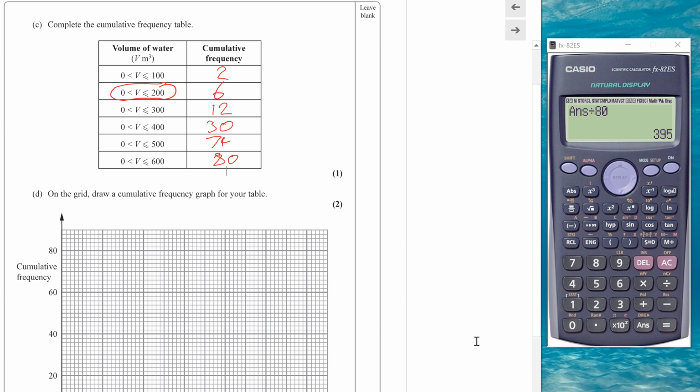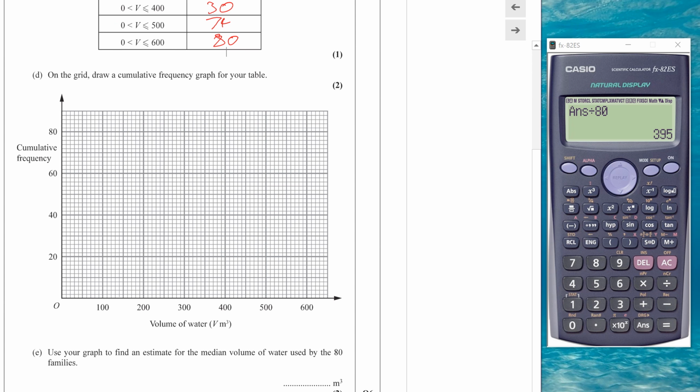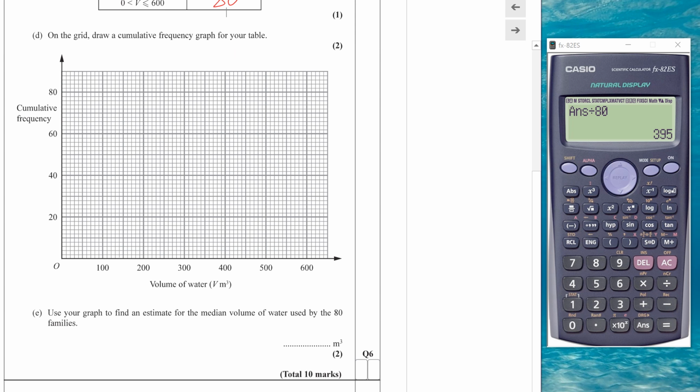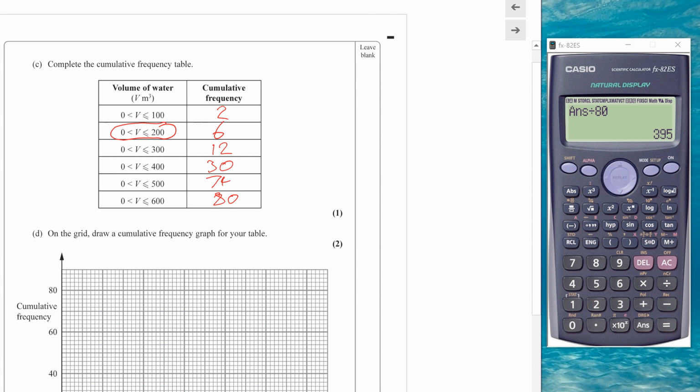Then what we need to do is draw our cumulative frequency graph. This is the last part of the question. Drawing a cumulative frequency graph, what you should be looking to do is take the values that you've got there. You should be plotting 2 on the y-axis with 100, the end point of that class, on the x-axis.